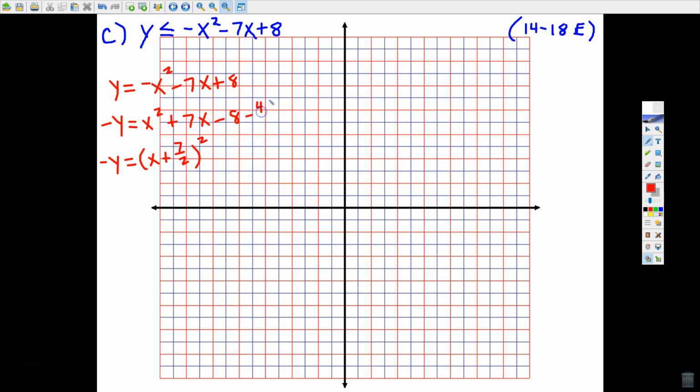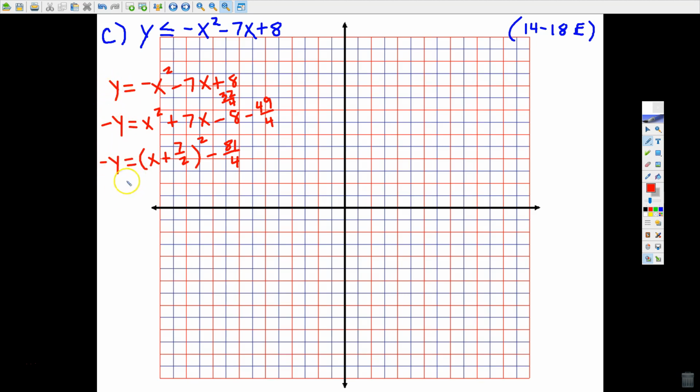So I'm going to come over here and subtract 49/4. And remember, 8 is another way of saying, if we're talking about fourths, 32/4. So we're basically going to be subtracting, it's -32/4 minus 49/4, and that's -81/4.